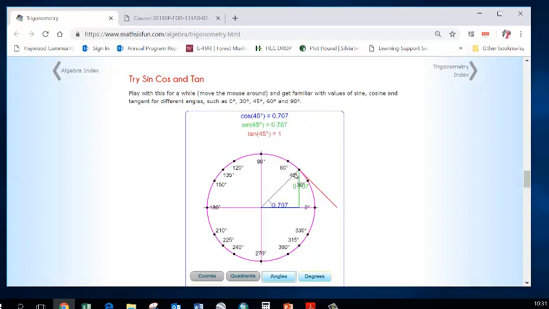But this is a fun thing to take a look at. Check this out. If I get to a 45-degree angle, notice that the tangent function is 1. In other words, the opposite and the adjacent side are equal, all right?